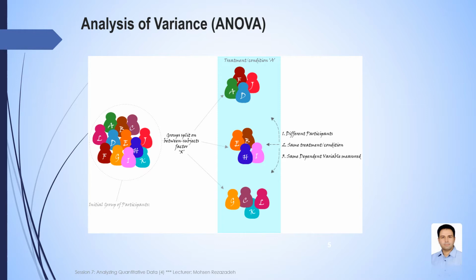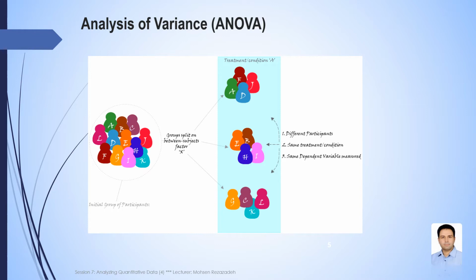If you look at the picture, you can see that we have an initial group of participants and we assign them to three different groups. This independent variable is sometimes called an attribute independent variable because you are splitting the group based on some attribute that they possess. For example, proficiency level.